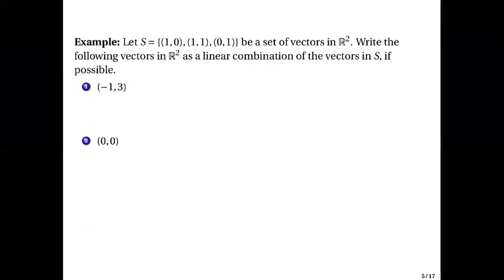For instance, let us look at this. We have the vectors (1, 0), (1, 1), (0, 1) in the vector space R2. Okay. And then same problem, we want to write this as linear combinations of these vectors.